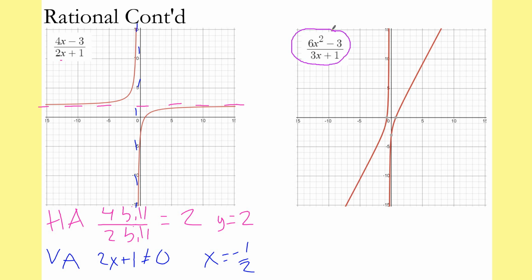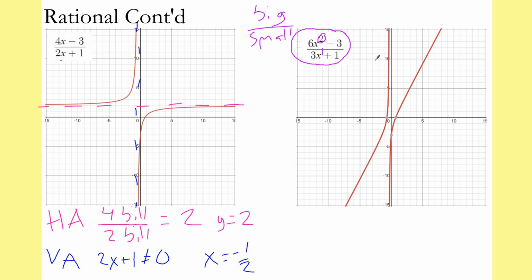So when it's a larger number on top, so it's x squared over x to the first, you're going to have something called the slant asymptote. You don't have to know what that is for IB, so we won't worry about it.